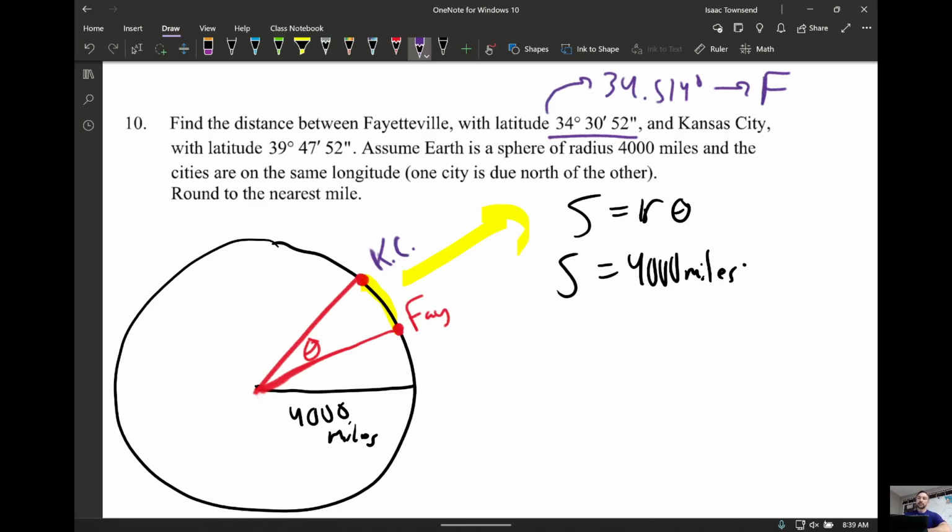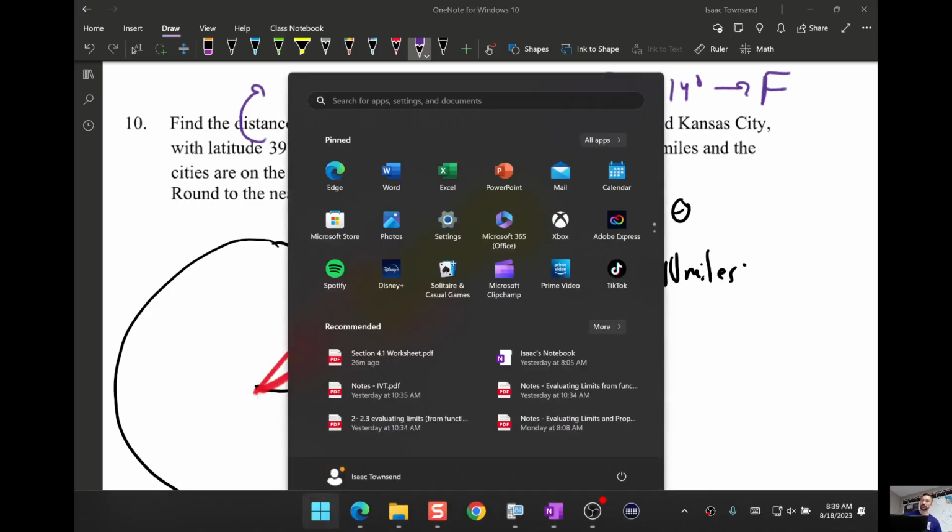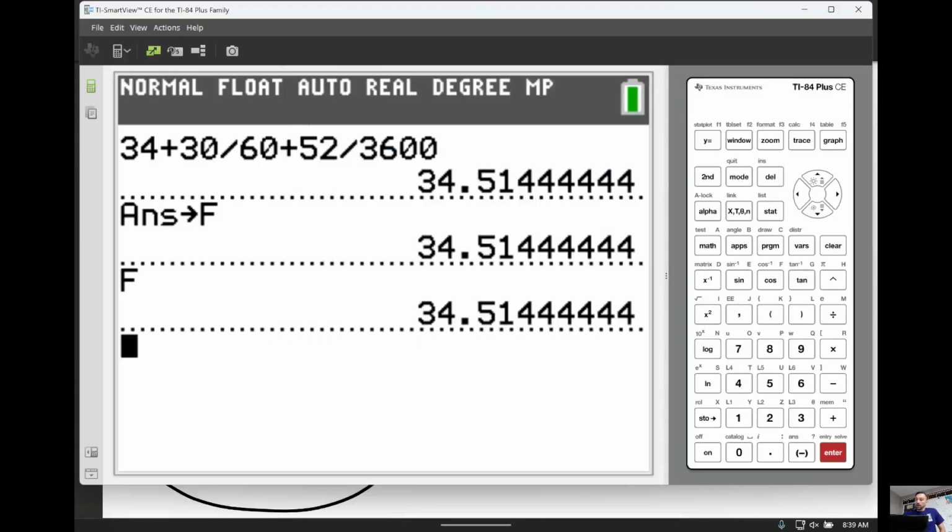Okay, but we need to do the same thing with Kansas City. So we need to change 39 degrees, 47 minutes, and 52 seconds to just a decimal. So again, you're really supposed to know how to do this for other questions anyway. But we've got 39 full degrees.